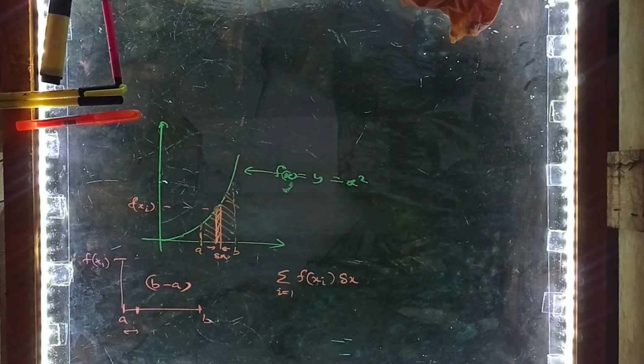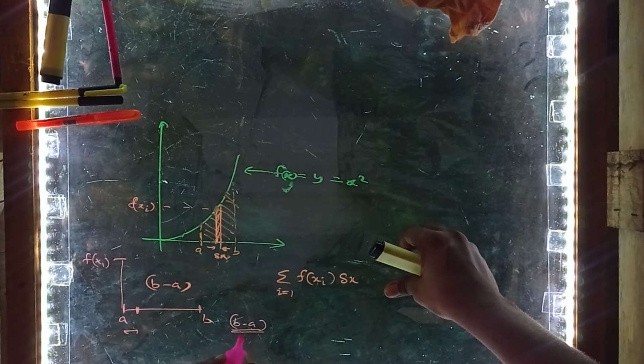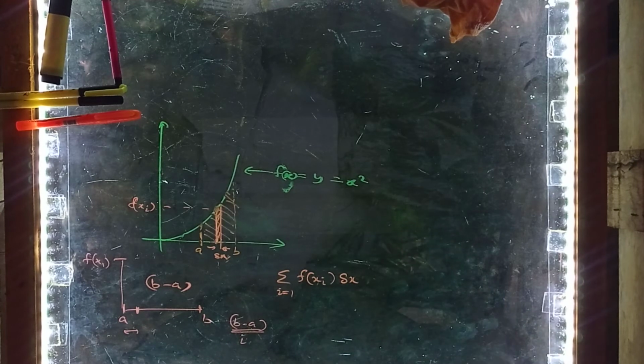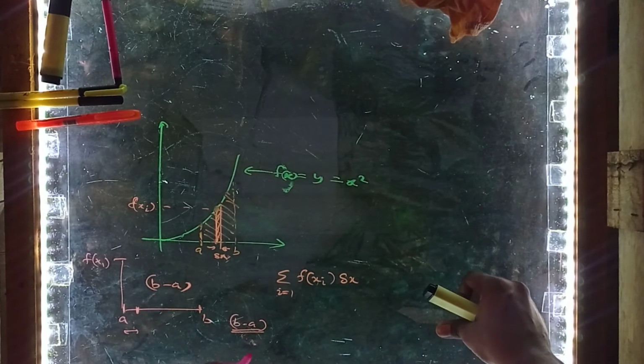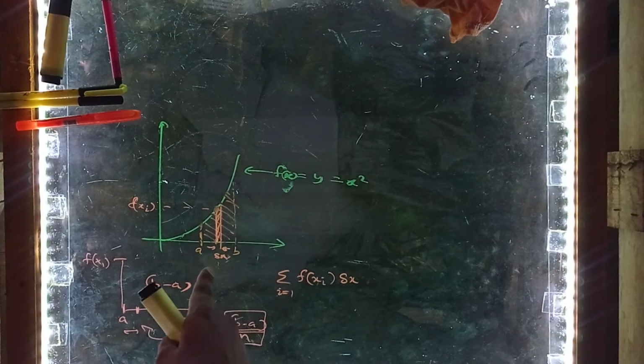Now we look for the width, which is easy to calculate: b minus a, divided into an infinite number of graduations. Then you can find this small width.